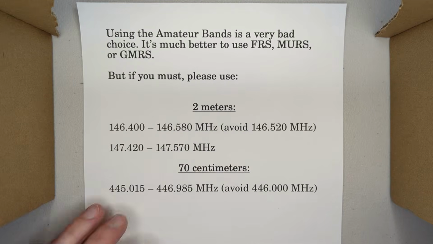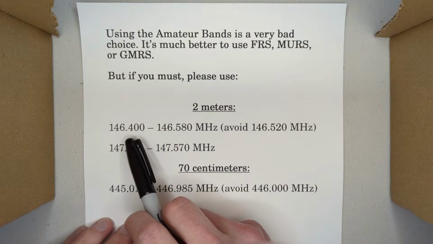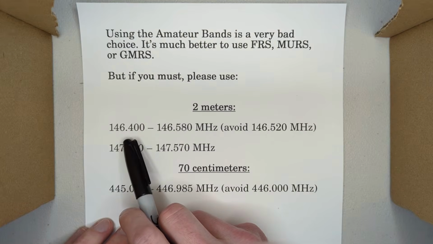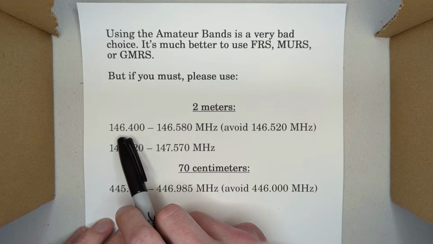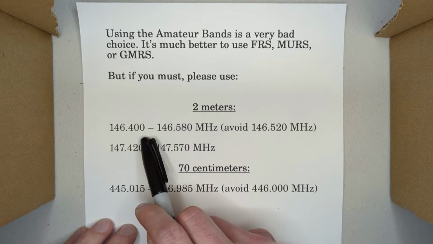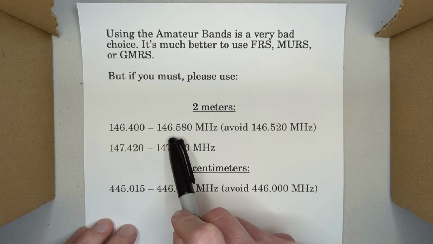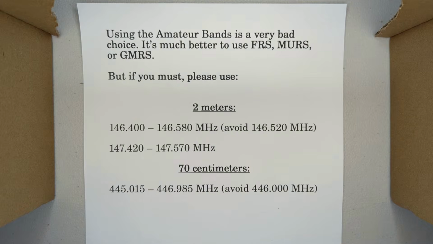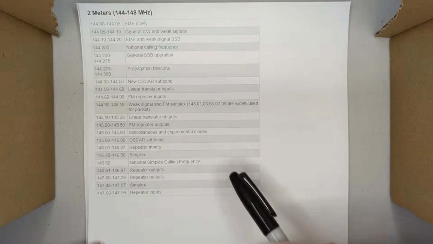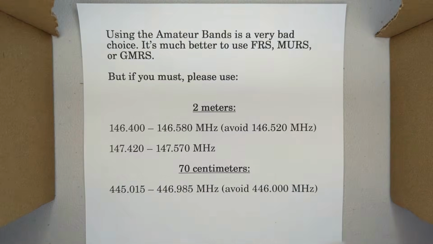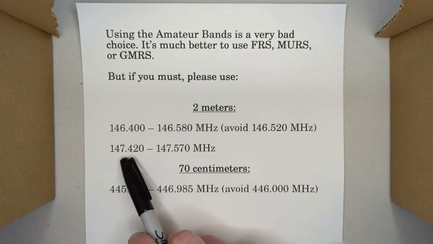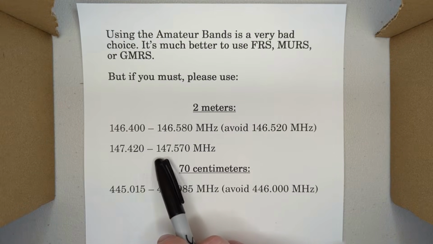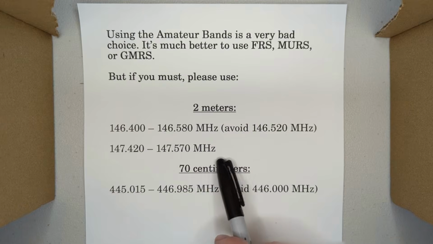If you were going to get on the amateur bands, on 2 meters, I would recommend using frequencies in the range from 146.400 megahertz to 146.580 megahertz. That's the part of the 2 meter band devoted to FM simplex. And then I recommend using 147.420 megahertz to 147.570 megahertz.